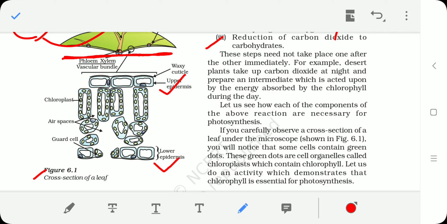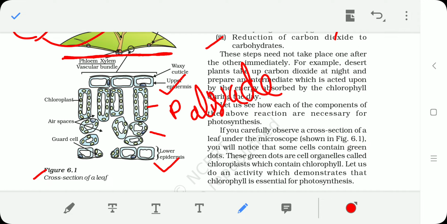So upper epidermis and lower epidermis, and these are the palisade cells. These are rectangular in shape, long columnar shape also, okay. This is a palisade cell, and after that these small cells are parenchyma cells.